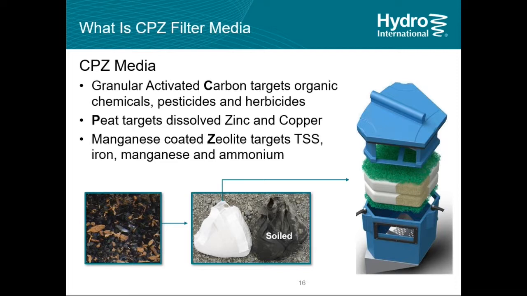The picture to the right, the blue structure, is one of our filter modules. If you pulled it apart, that's what it would look like. On the bottom, through the opening, you can see a mesh. That's a screen at the very bottom. There's green material we call Metalla, which is flow distribution media.